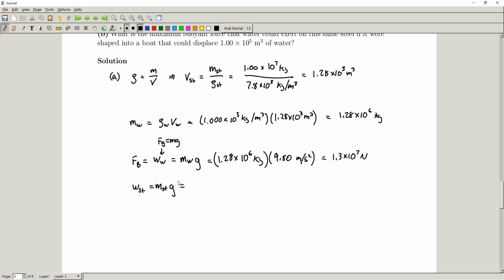We have 1.00 times 10 to the 7 kilograms times gravity, 9.80 meters per second squared. So if we do that calculation, we find 9.8 times 10 to the 7 newtons, right? So we see that the weight of the steel is significantly greater than the force of buoyancy keeping it up, or trying to keep it up, and so we have a net acceleration downward, right? And so this thing will sink, right?